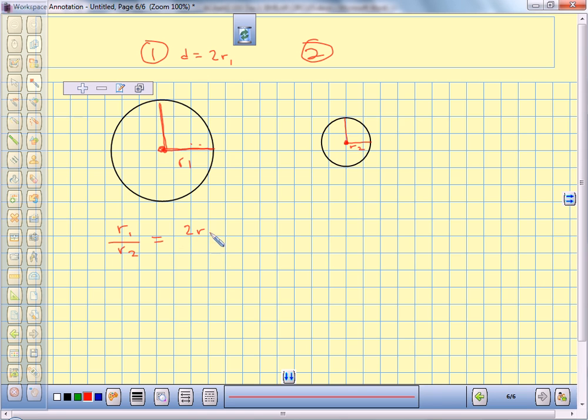This ratio simplifies to the same thing. Now let's look at circumference. Circumference is 2 pi r. So if I did circumference of the first one to circumference of the second one, what does that simplify to? The same ratio, doesn't it?